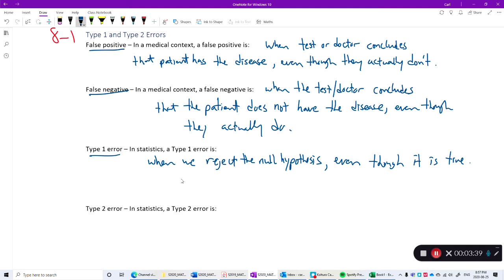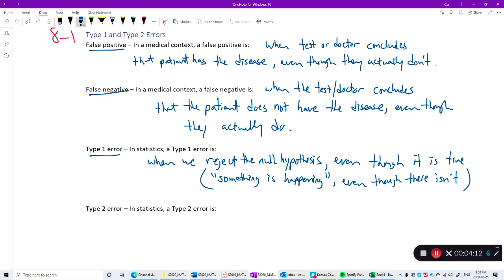So basically we're saying we reject the null hypothesis. We're basically saying something is happening, right? Because the null hypothesis always says nothing is happening. So we're saying something is happening. There's some significant effect, even though there isn't. There is nothing. That's translating it into slightly more familiar terms.